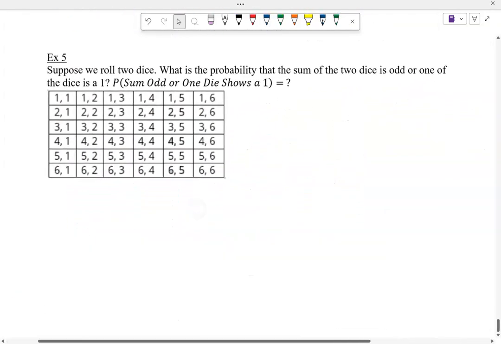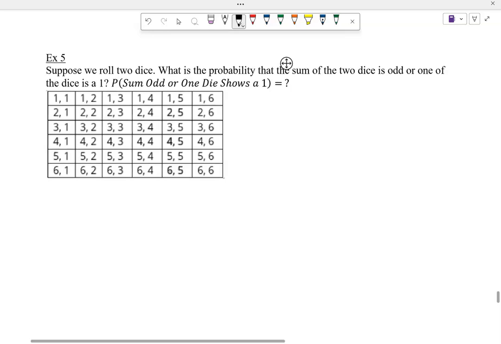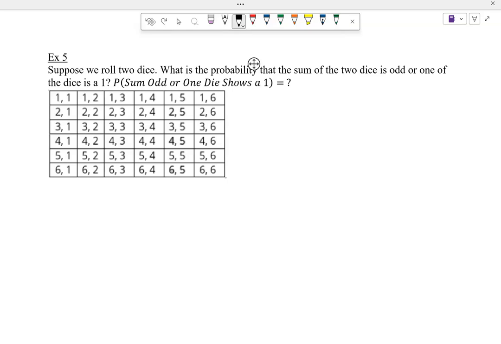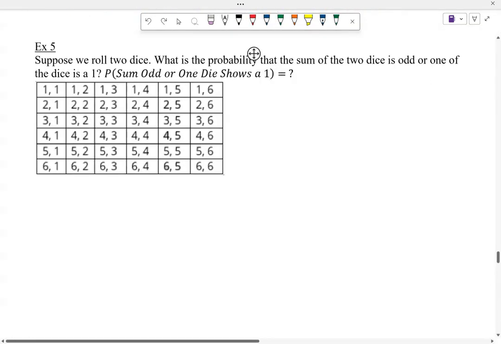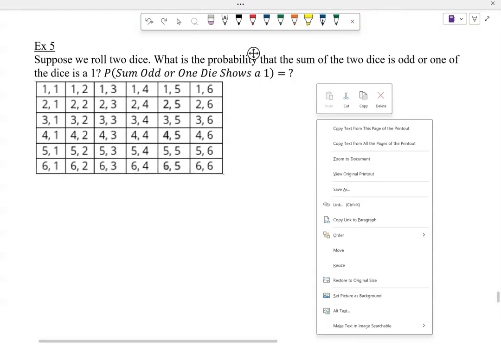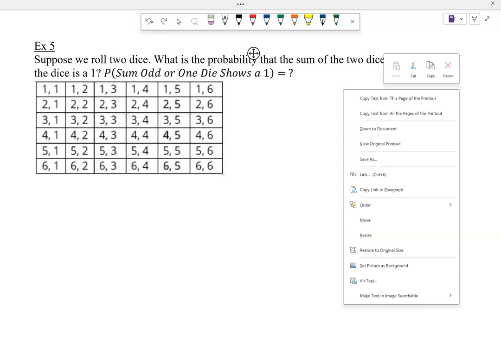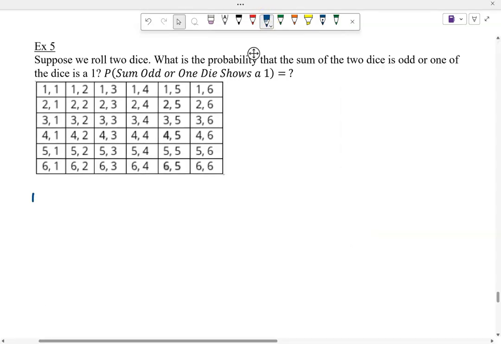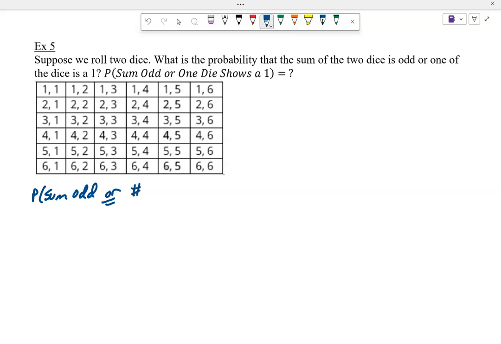Again, rolling 2 dice. This time we have the probability of the sum. So we want one of the die to show number 1.